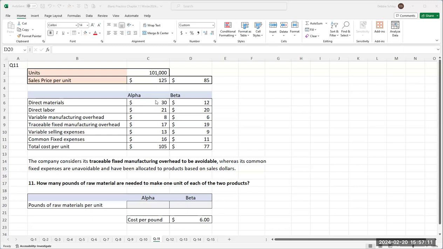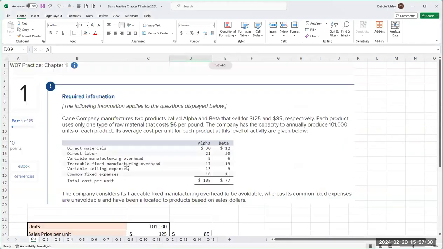So they told us the cost of the direct material for alpha and for beta for 1 unit. And they told us the cost per pound. That's up in the paragraph of words that I didn't copy onto this page. But in the very beginning, I guess maybe I could show you question 1 right here. They told me the raw material costs $6 per pound. So that's where I got the $6 from.